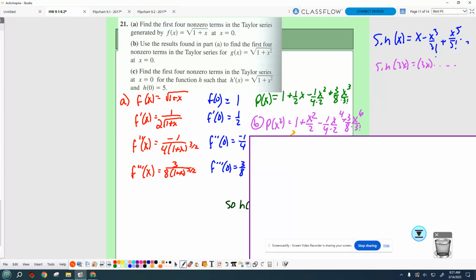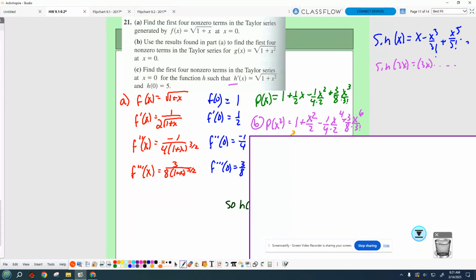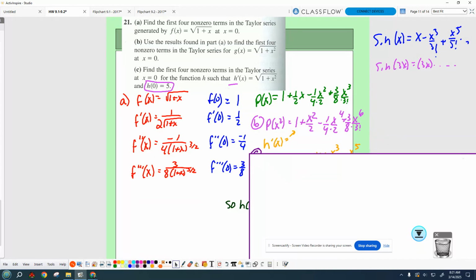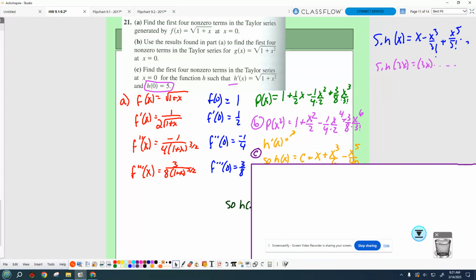And for C, now find the first 4 non-zero terms. It's saying this list B is the derivative, so integrating, which is the thing they want you to use for plus C. That's H prime of X. Integrating each of those, we're centered at 0, thank God.